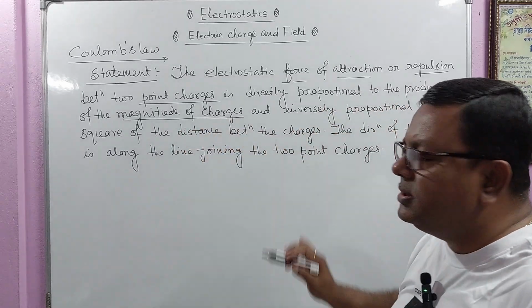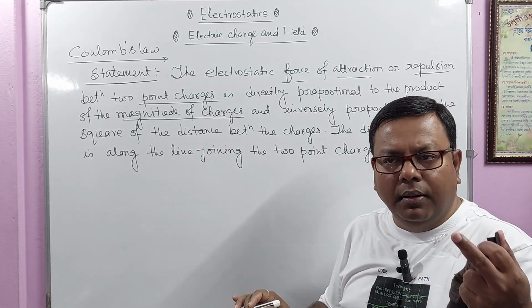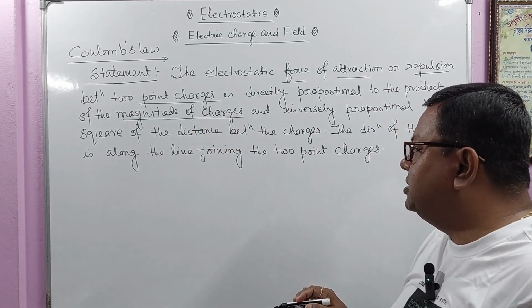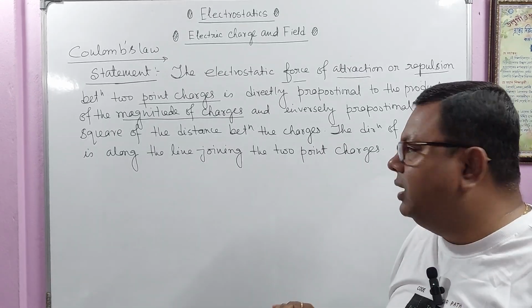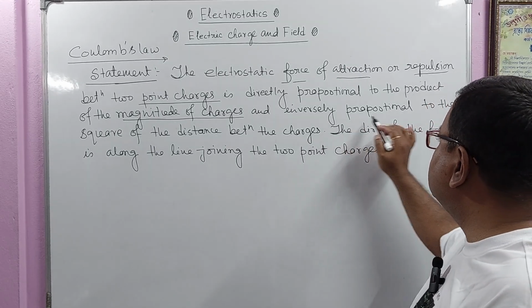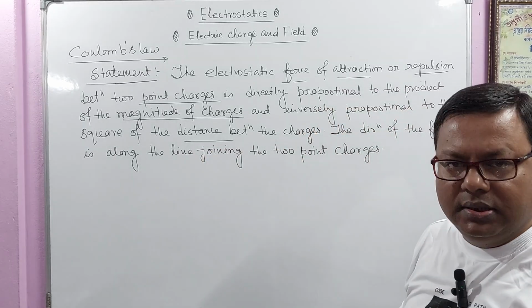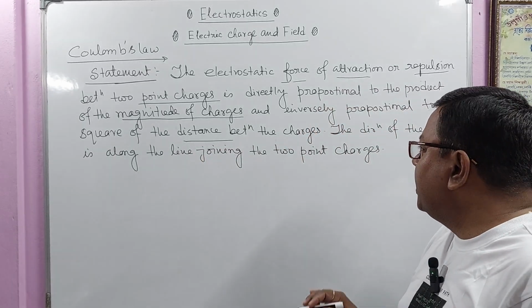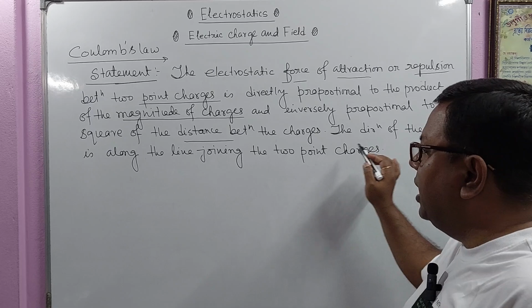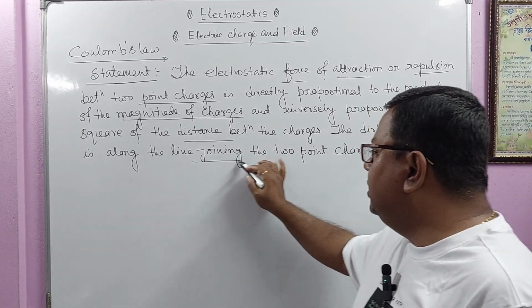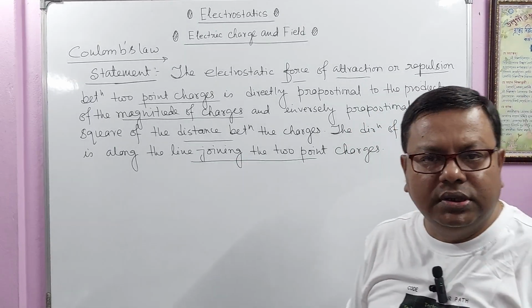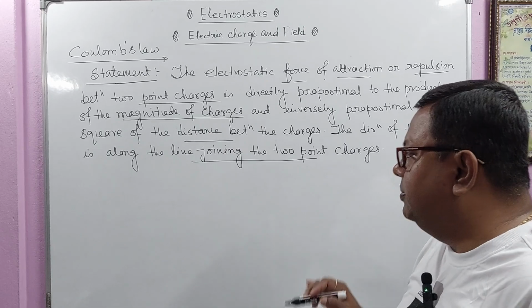Magnitude of the charges means we are not considering the positive or negative sign of the charges. We are just multiplying the values of the charges, and is inversely proportional to the square of the distance between the charges. Okay, and the direction of the force is along the line joining the two charges. So this is the statement.